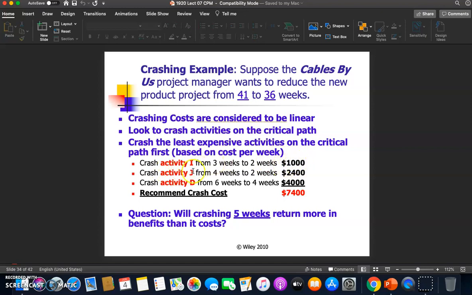Crash activity J from 4 weeks to 2 weeks. It costs 2,400. So the recommended crash cost total is 7,400. So question: will crashing 5 weeks return more in benefit than cost? Is it worthy? Can it benefit the project?